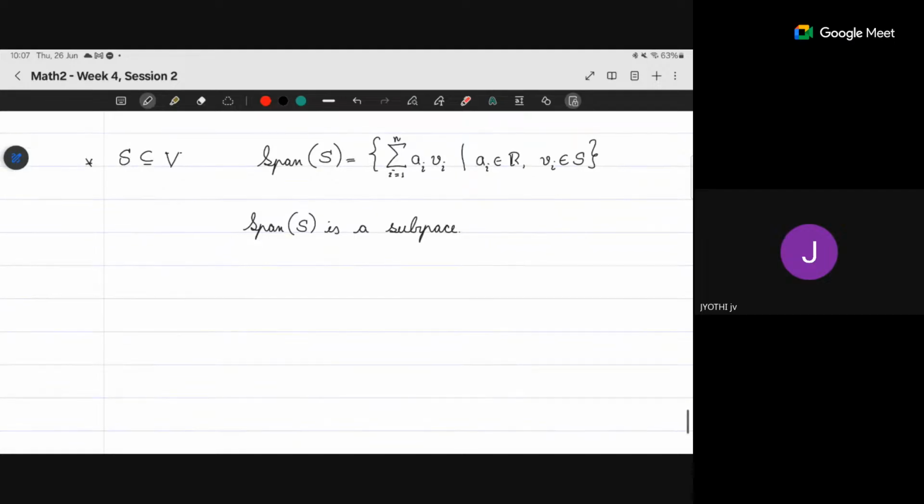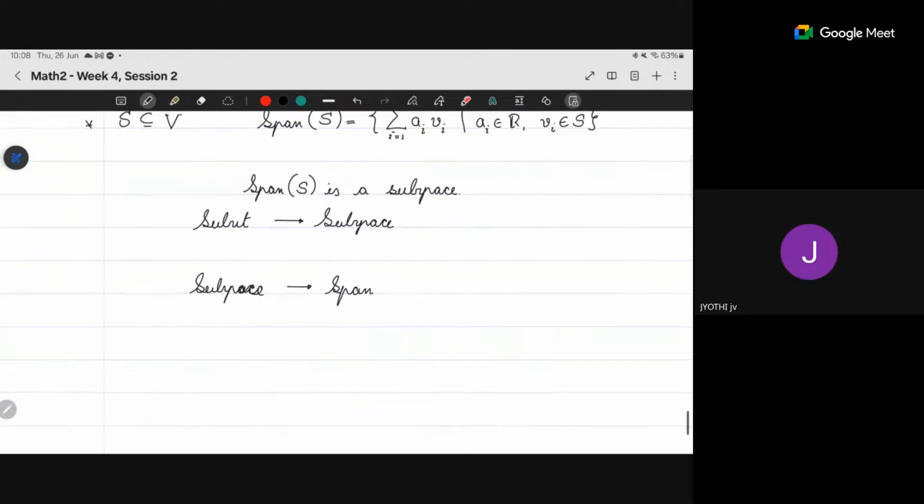Now, a spanning set is the other way. What we have done is we started out with a subset, and we got a subspace. What about the other way around? If I have a subspace, does it have a spanning set? Meaning, does there exist a set whose span is equal to this subspace?